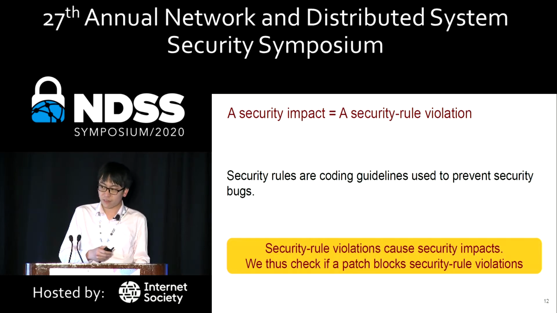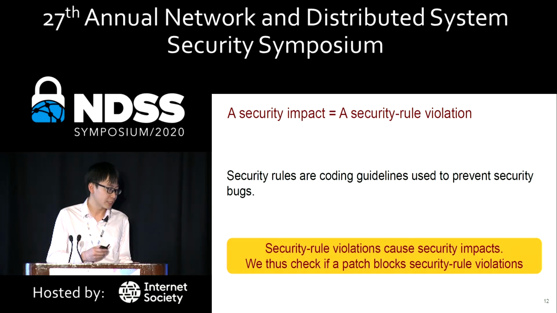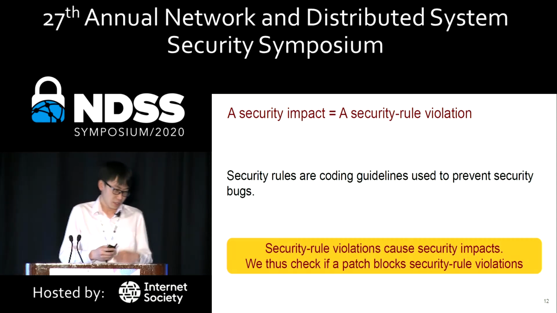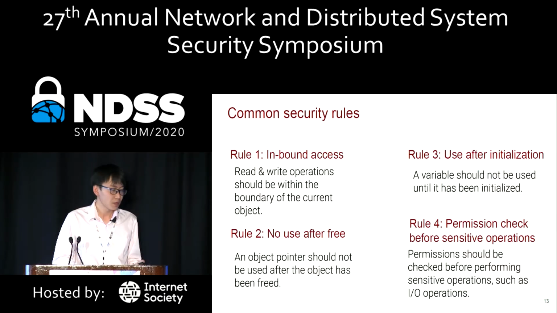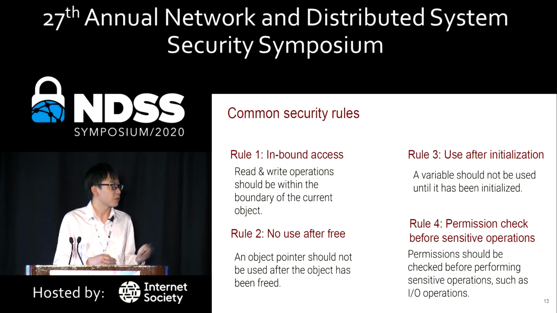And we further define that a security impact is equal to a security rule violation. Security rules are coding guidelines for programmers used to prevent some security bugs. So security rule violations will cause security impact. We have also summarized the common security rules in the paper, and here I list several of them.